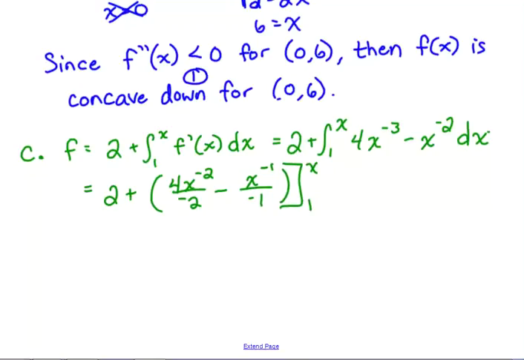Really, technically, I shouldn't have an x there, but I don't know how bent out of shape they get over that. Let's keep going. Let's simplify before we plug stuff in. So that's negative 2x to the negative 2 plus x to the negative first.